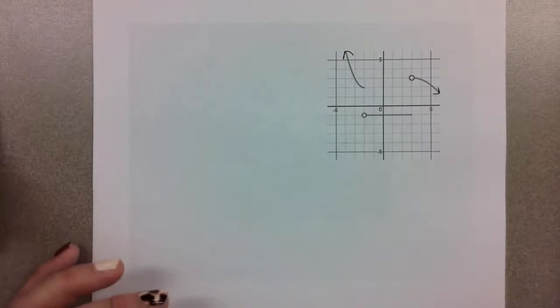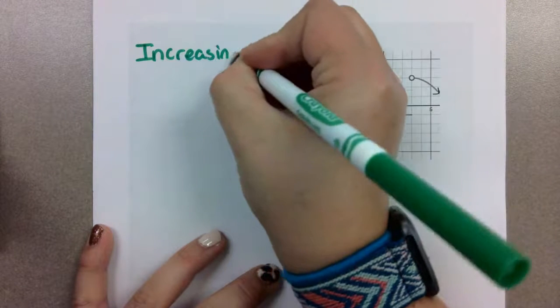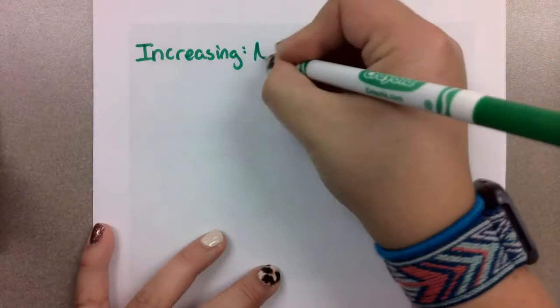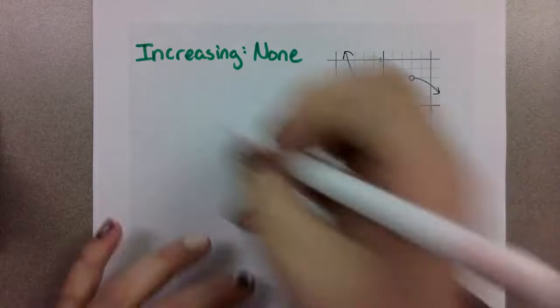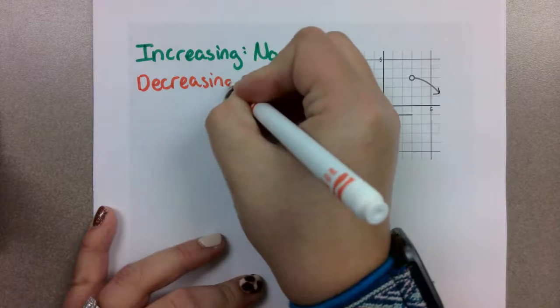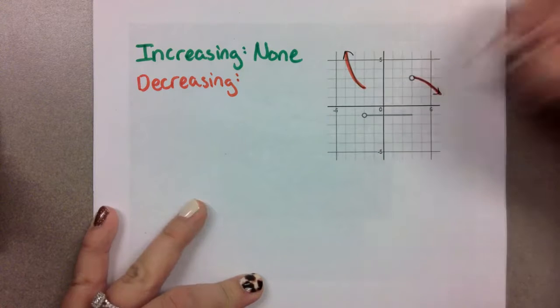All right, for this next one, where is my graph increasing? Well, if I look closely, I'm not increasing anywhere. Then we'll talk decreasing. Well, we're going down for this part of the graph and this part.